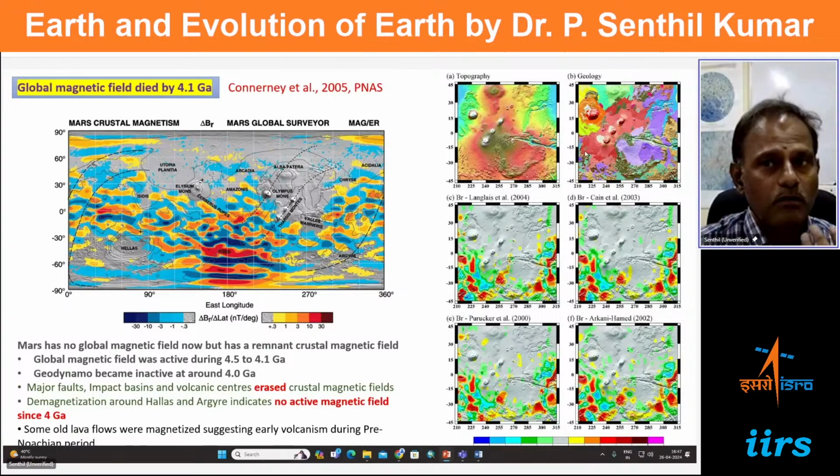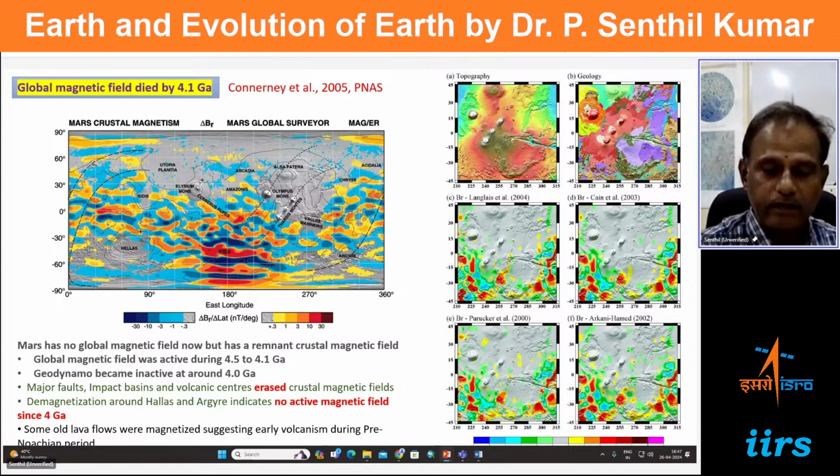Some volcanoes on Mars also recorded the magnetic field that was present about 4.1 billion years ago. From this finding, we can say that volcanoes were active about 4.1 billion years ago on Mars? If so, on Earth also similar magmatism was there. We can infer.